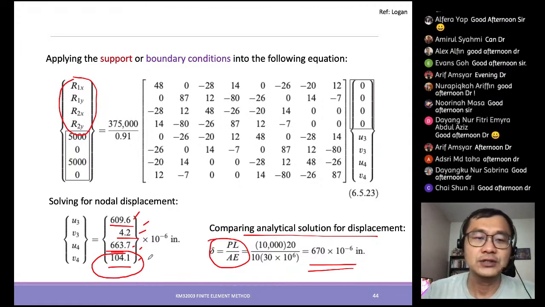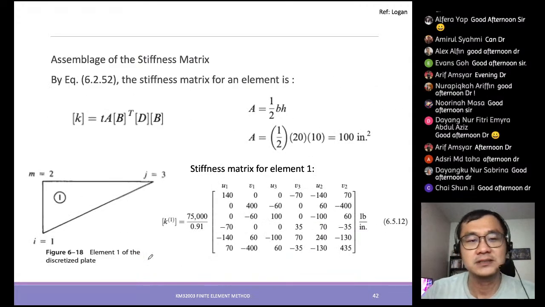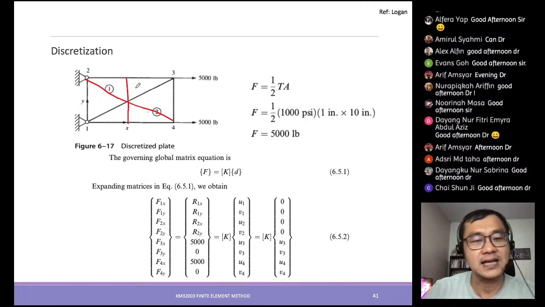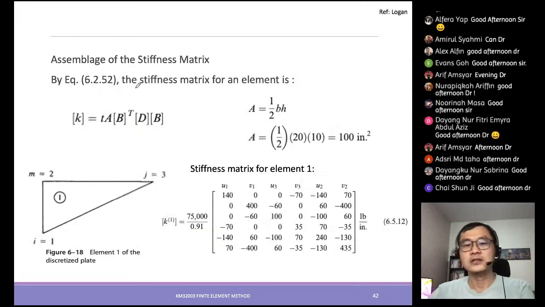If you want higher accuracy, you may just write a program in Excel, whatever, and break them into more elements. You can use 1, 2, 3, 4, 5, 6 elements, and so on.